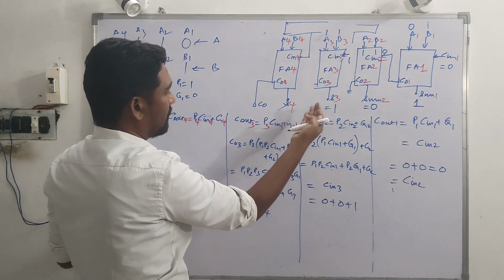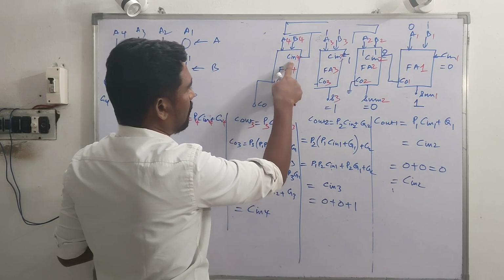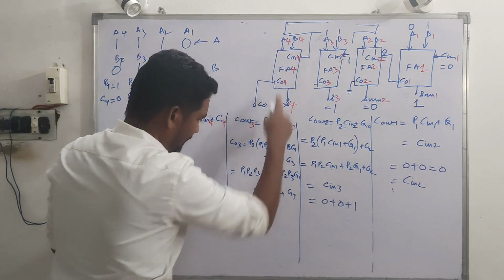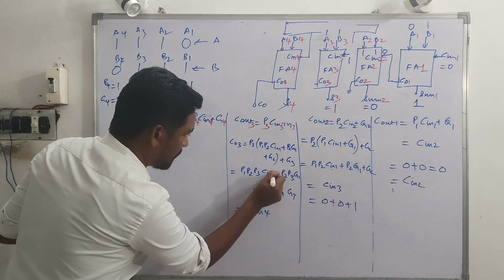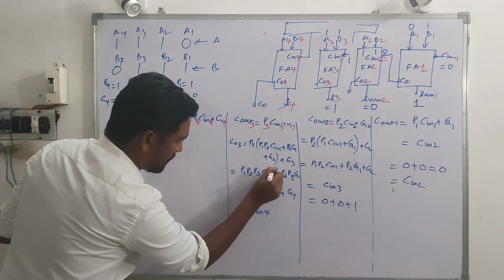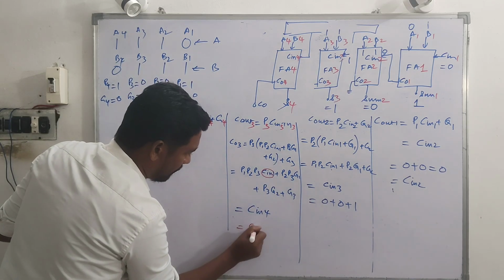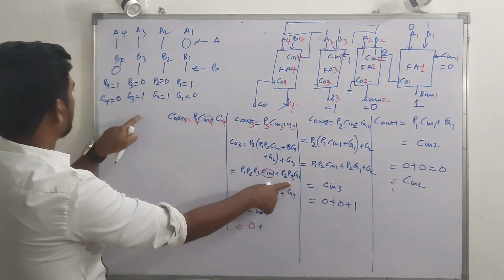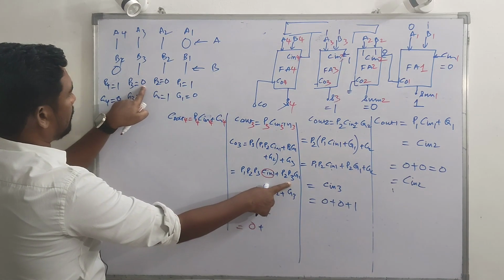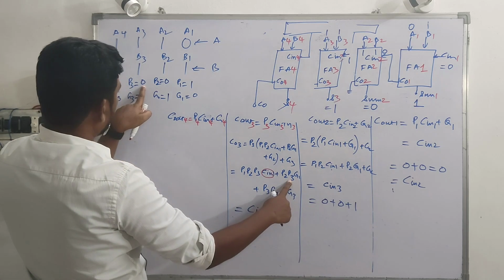In the carry look ahead adder, getting back to C in 4. C in 4 is this one and this expression here. This one will be 0 because C in 1 is 0. It's 0 plus P2, P3. P3 is 0 over here, so this will be 0.